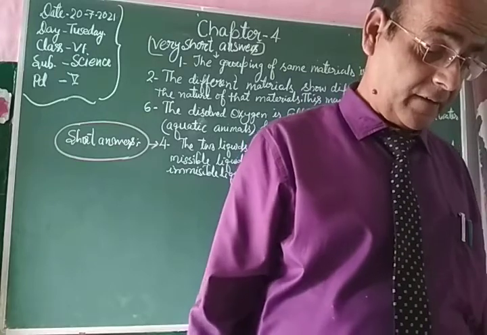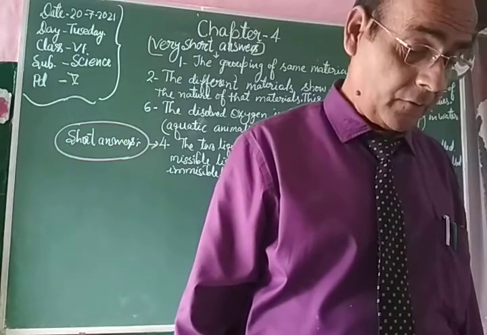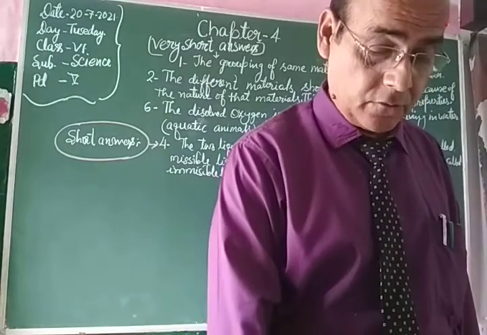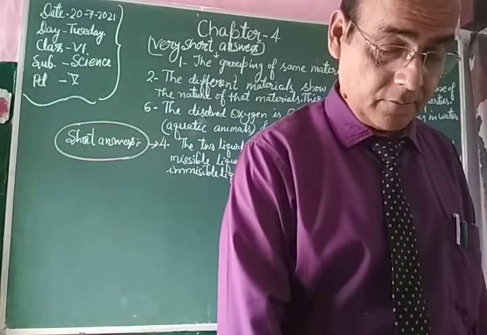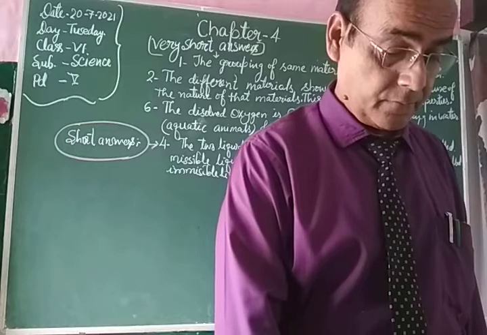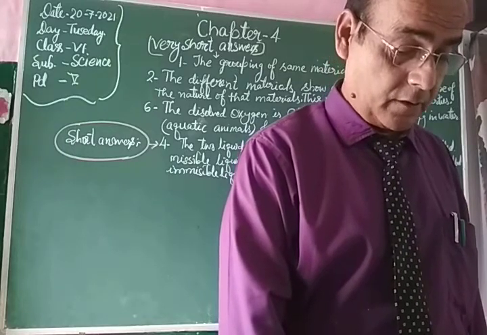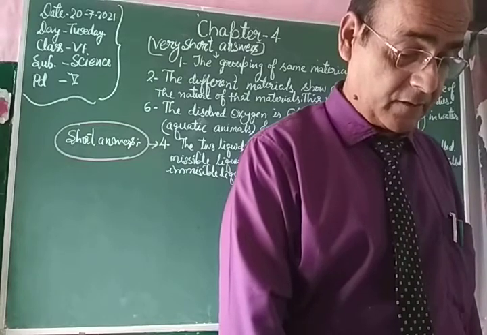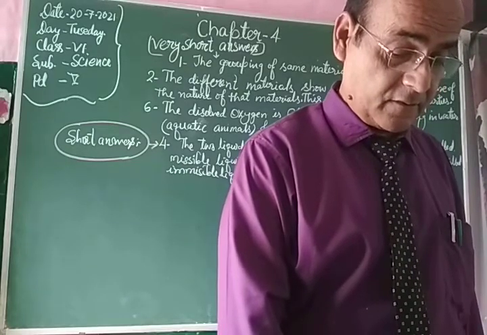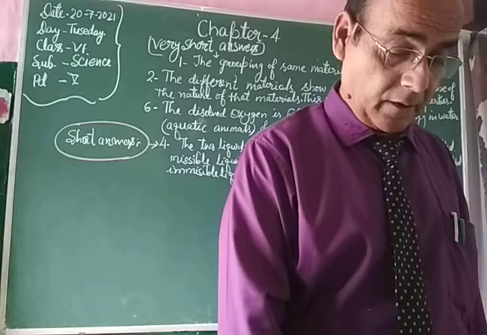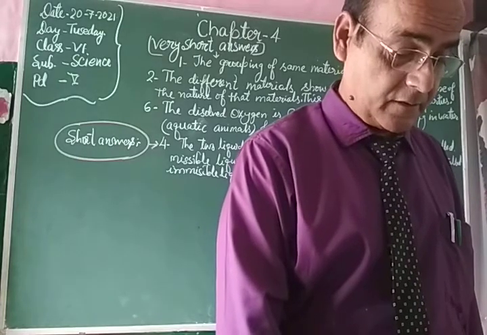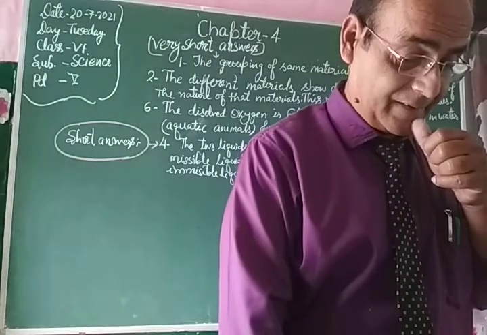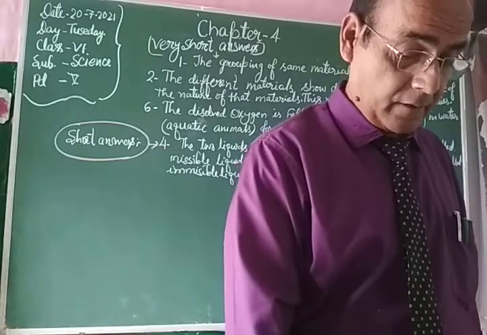And now come to question number 8. You are provided with the following materials: turmeric, honey, mustard oil, water, glucose, rice flour and groundnut oil. Make three pairs of substances where one substance is soluble in the other, and any three pairs where one remains insoluble in the other.